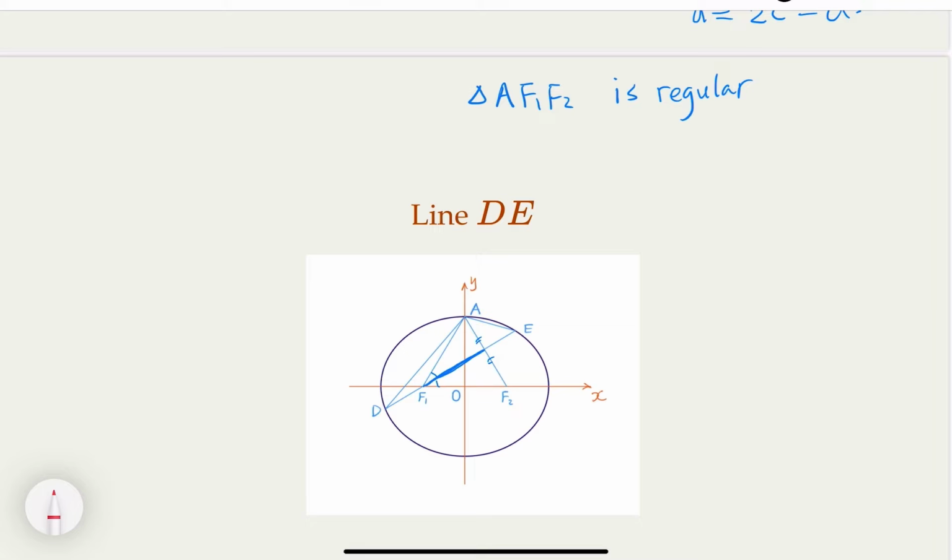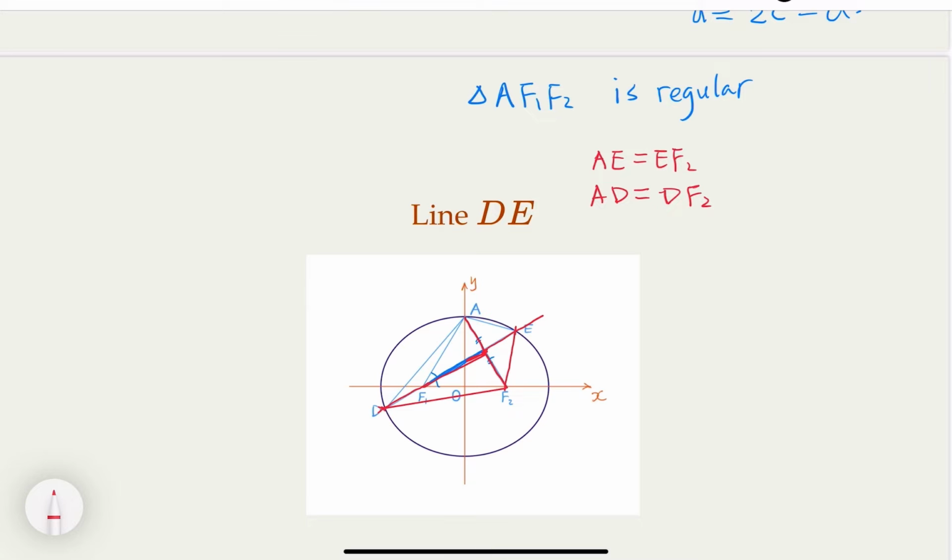Since this one is perpendicular and is the bisector of the line here, if you extend this line and you have E and D, then AE must equal EF2. Of course, here this notation means the segment length. And similarly, AD is equal to DF2.